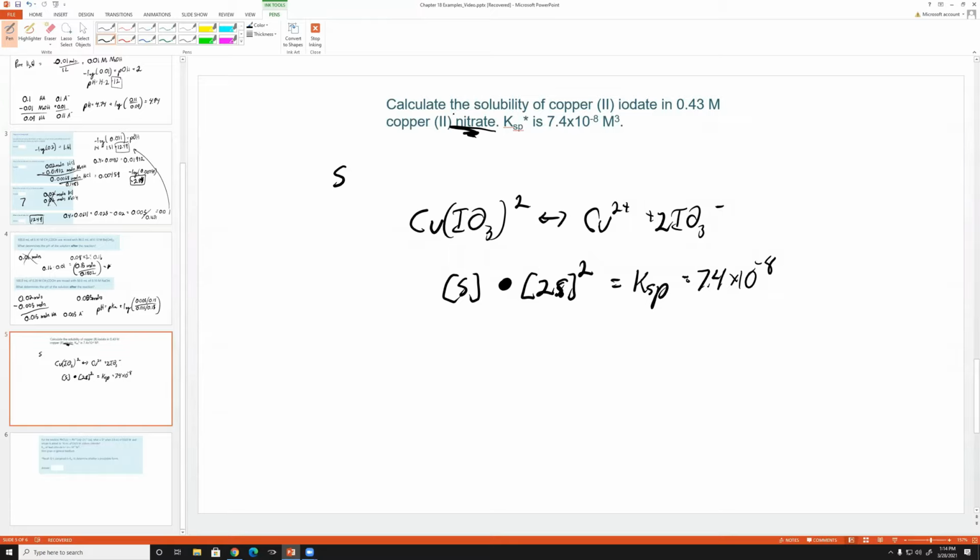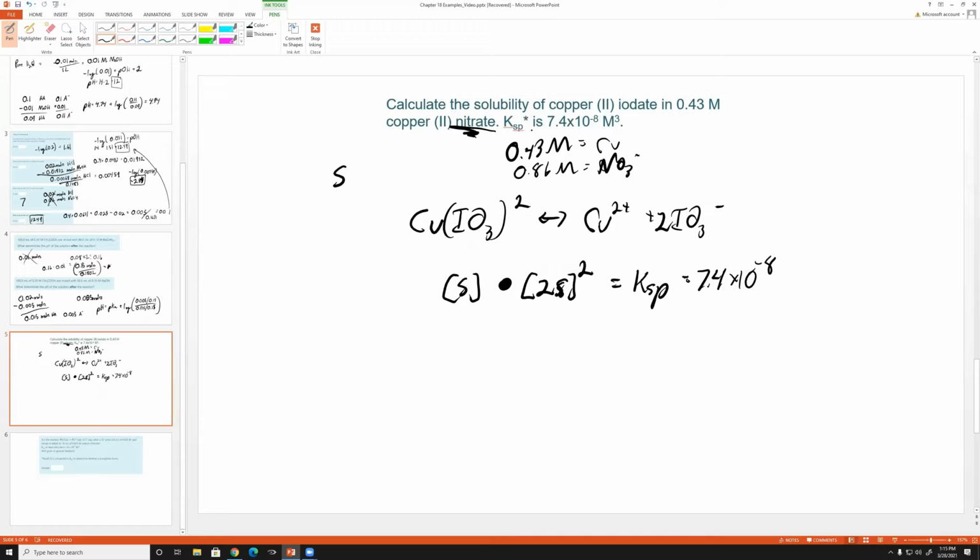But since we're adding another ion into the mix and observing the common ion effect, we solve for S using this concentration. So 0.43 molar copper(II) nitrate is actually 0.43 molar of copper, and 0.86 molar of nitrate, which doesn't really affect our equation at all.